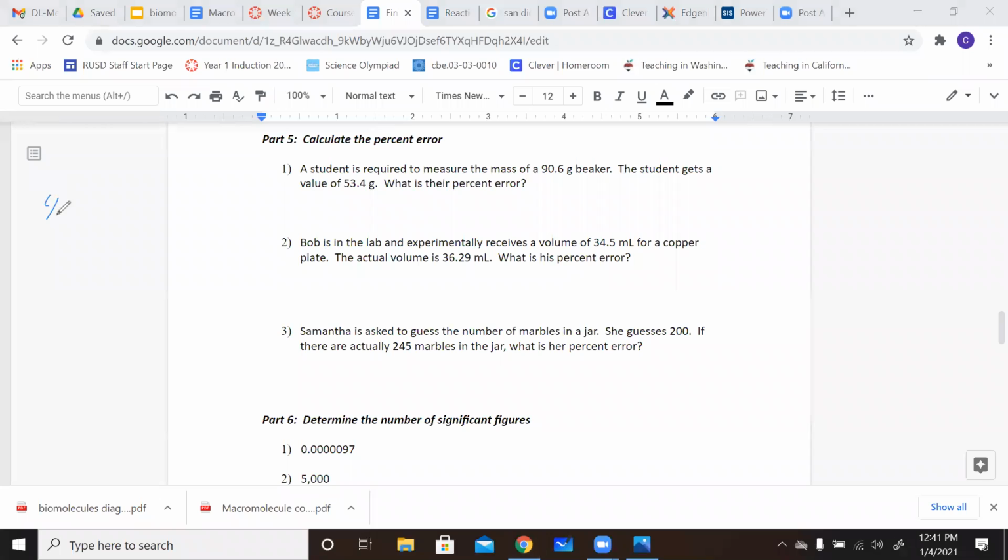If you're looking for percent error, you're going to take your actual value minus your theoretical value. You're going to divide all of that by your theoretical.